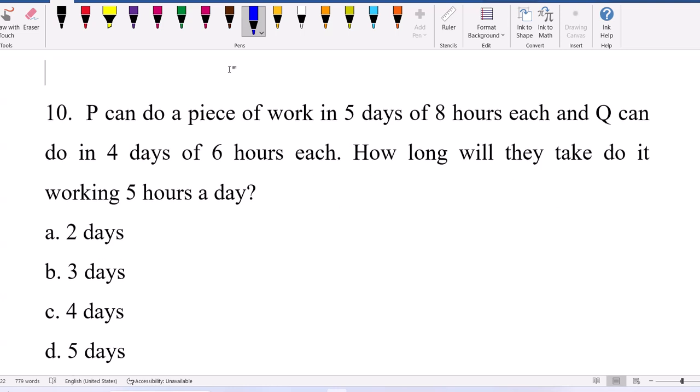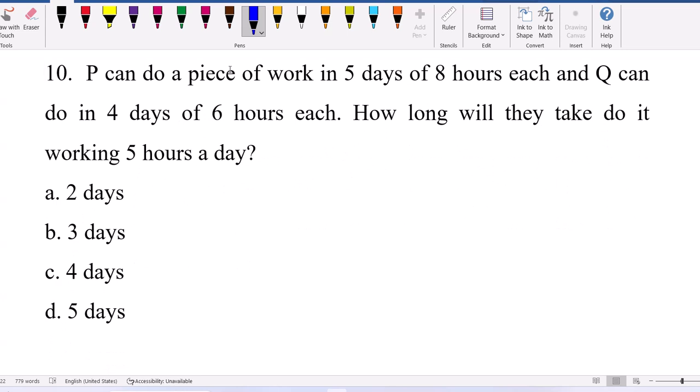Now, time and work related. P can do a piece of work in 5 days of 8 hours each, and Q can do it in 4 days of 6 hours each.